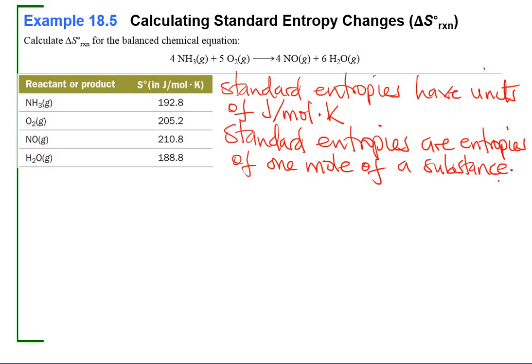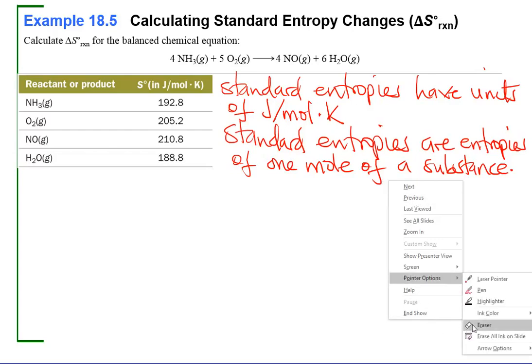Normally these ones are calculated at 25 degrees Celsius. Now, there are tables that give you the standard entropies. So if you are doing an exam, normally you are given those tables.